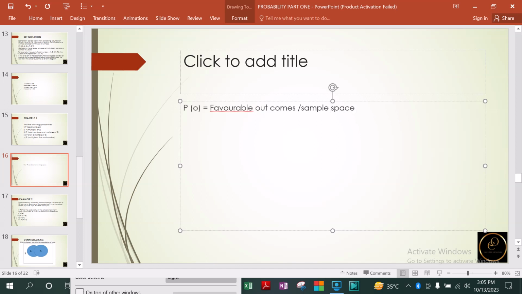In this particular case, what is the number of favorable outcomes?